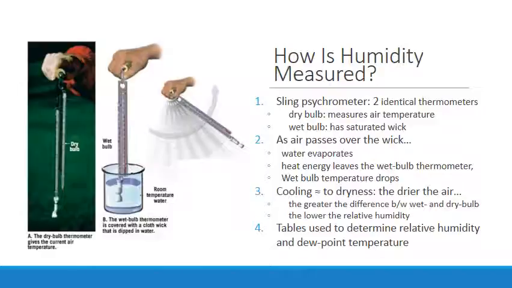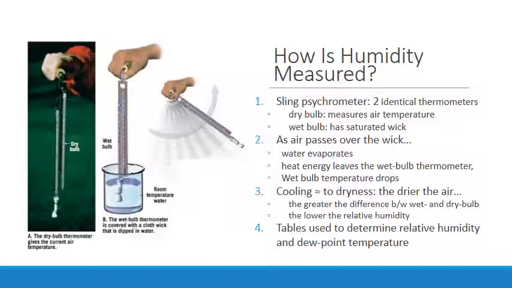So as a result, water evaporates from the wick, absorbing heat energy from the wet bulb thermometer that causes its temperature to drop. The amount of cooling that takes place is directly proportional to the dryness of the air, how much the air's ability to soak that moisture out.